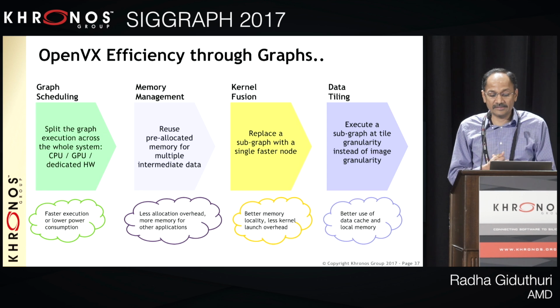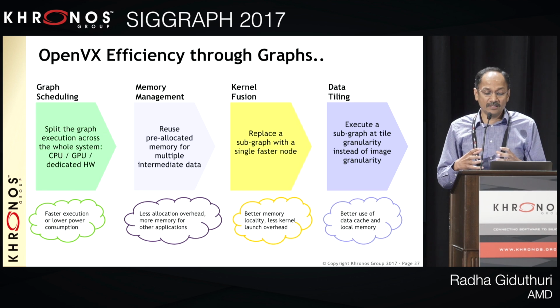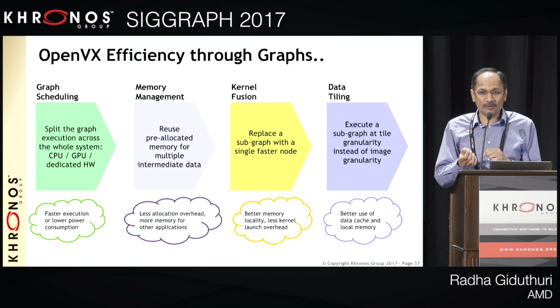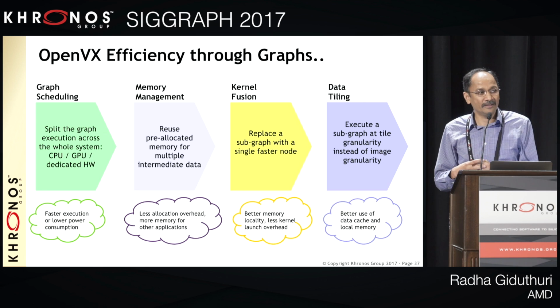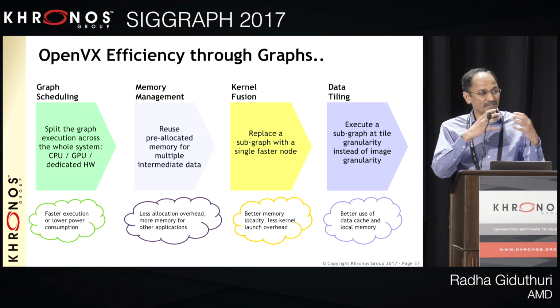And the last but not least is looking at the locality of the memory, so tiling. We all do this when we look at it from an OpenCL perspective. You use a local work group. You try to hand optimize at an application level. But when it comes to OpenVX, the user is going to specify at a high level what functionality they need.